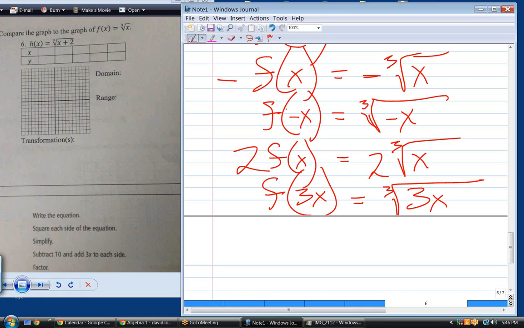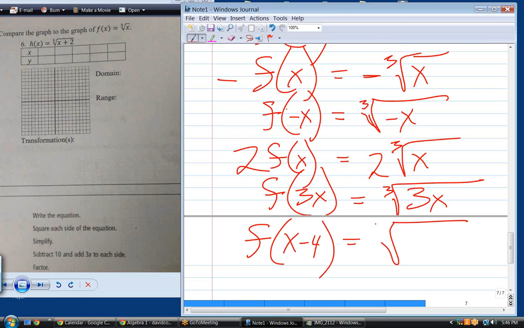Okay, and there's a couple of more things you can do with this function. You can take f of x minus 4, which would be the cube root of x minus 4. So when you have it expressed this way, what's the consequence of the minus 4?